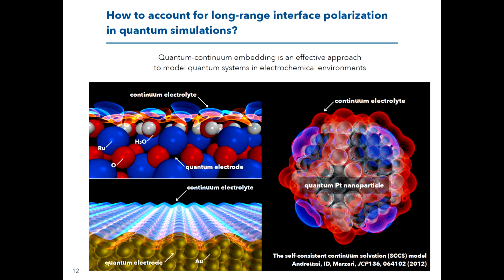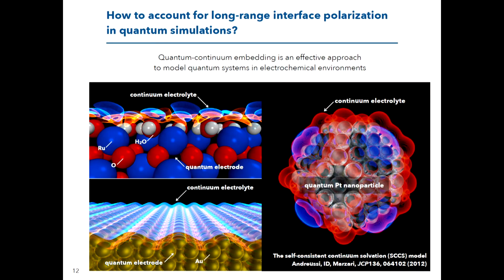You can see here the red and the blue density that surround the electrode that represent the average position of the hydrogen and oxygen from the water molecule. And this is there to mimic the effect of the polarization of the solvent that is going to stabilize different intermediates at the surface. So you can do that by including also some water molecules at the surface.